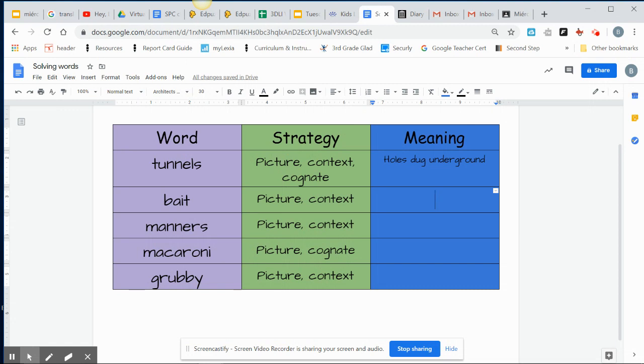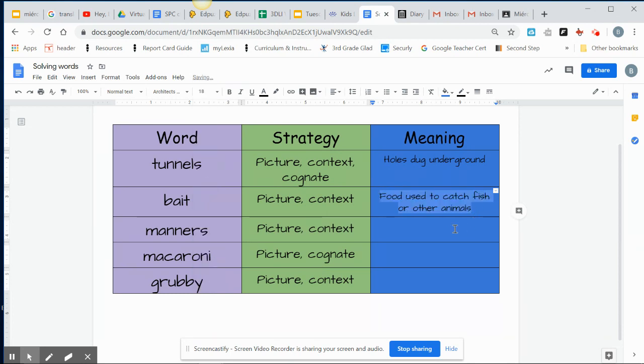So in our column here, we're just going to write down food used to catch fish or other animals. So that one might sound familiar, even if you're not a fisherman or a fisherwoman, someone who goes out fishing.